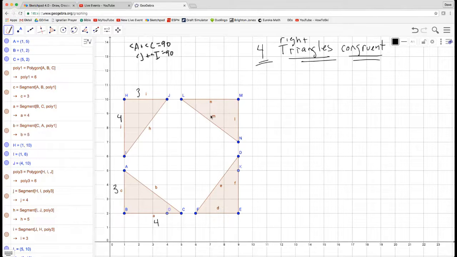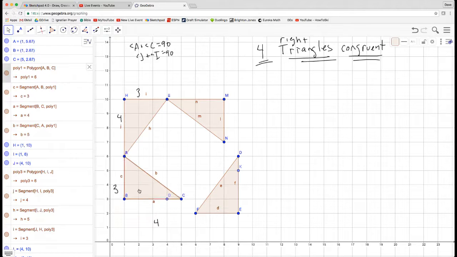Now that I've drawn this, I want to move them together. This is the next part of our proof. So we're going to snap these guys into place, and we're going to show something interesting. The key is that I want to show you that this entire area, this entire shape, we're going to cut it in two different ways.